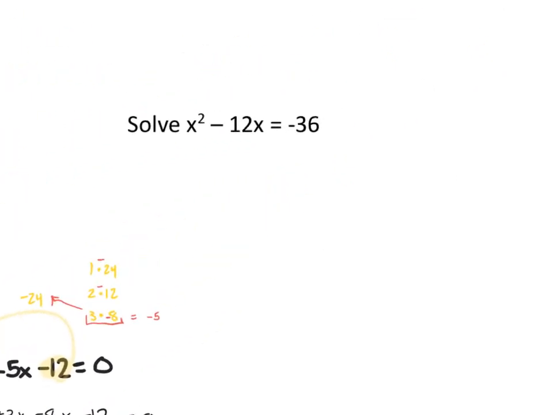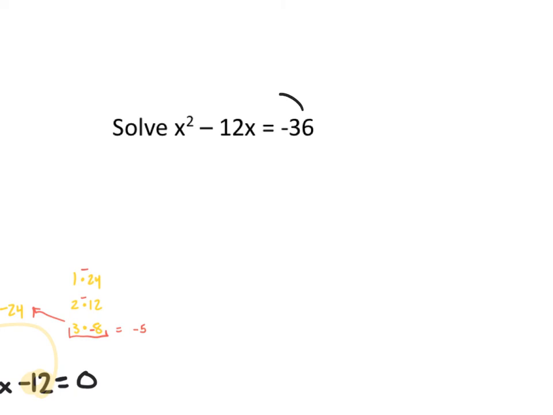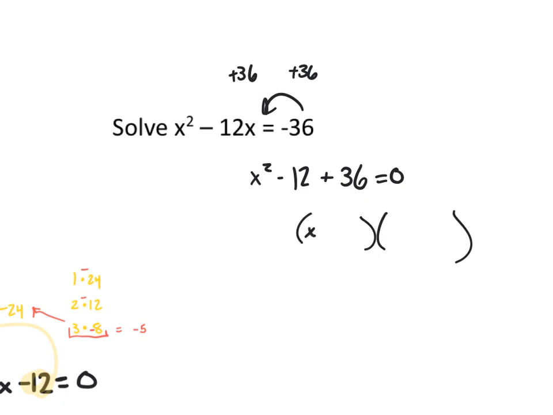Here's another example where before we start to factor, we do need to make sure to recognize we need to be set up equal to 0. So I'd have to add 36 onto both sides. And then we could factor. This is back to the easy type because there's a 1 out in front. So it's numbers that multiply to a 36 that add to a negative 12.